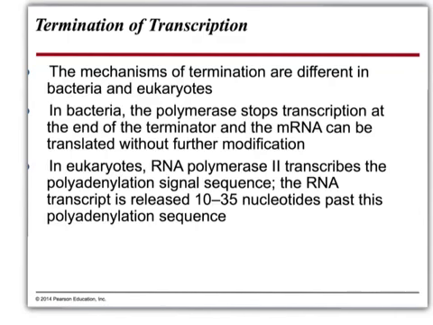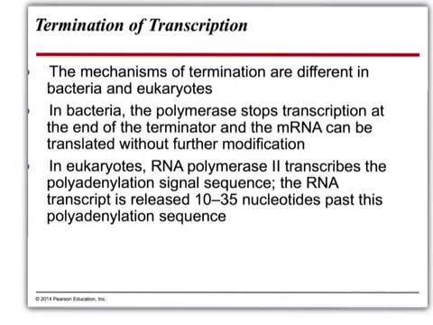This is where termination comes in. There are sequences built into the DNA that will alter the way RNA polymerase is attached to the DNA, and then it will cause it to separate. These are terminator sequences, all right? And this is different in bacteria and eukaryotes.